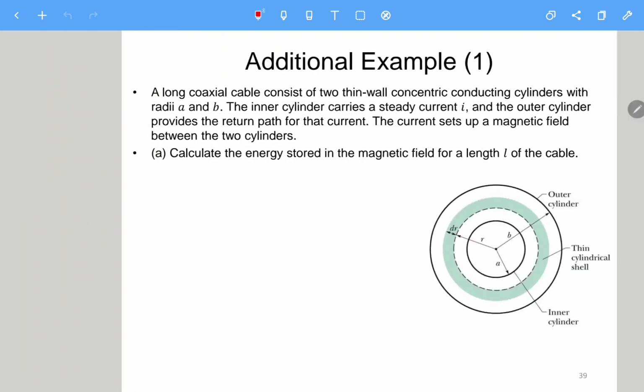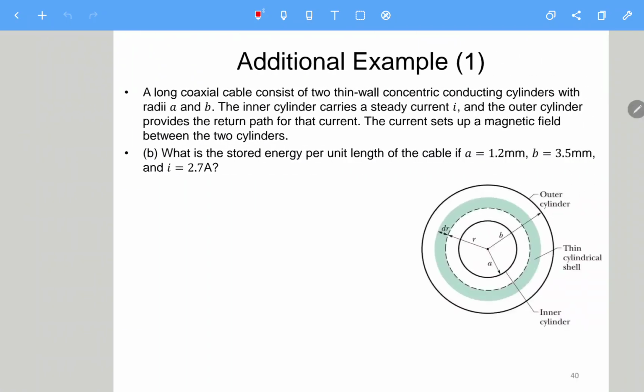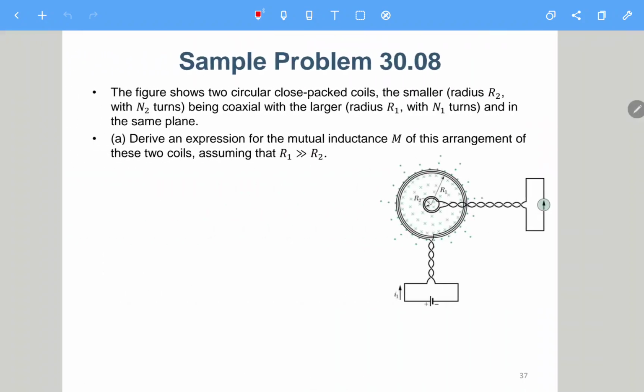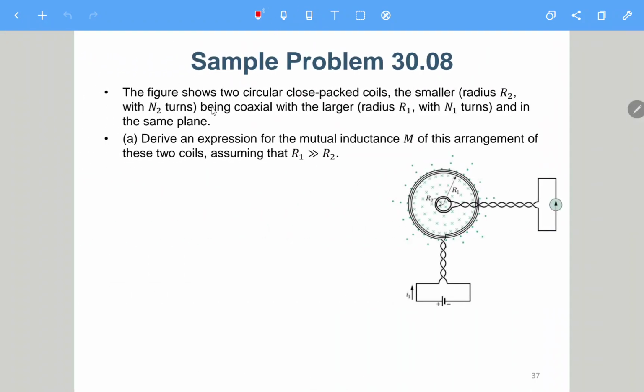Okay, so finally we have a sample problem. Let's see how far we can go. The figure shows 2 circular close-packed coils. The smaller one has radius R2 with N2 turns, being coaxial with the larger one and in the same plane.